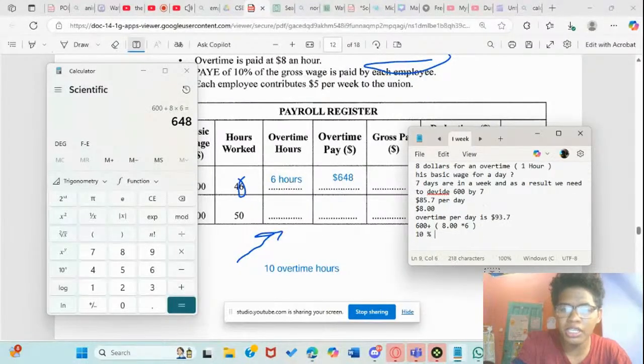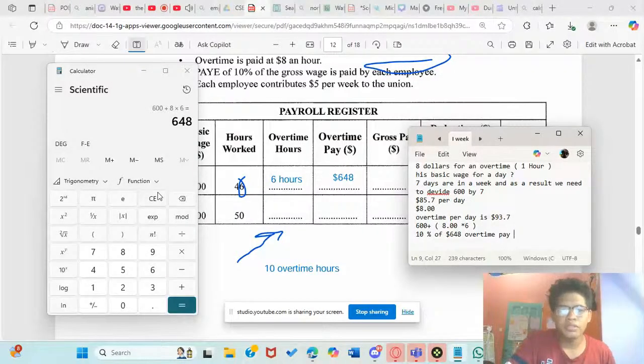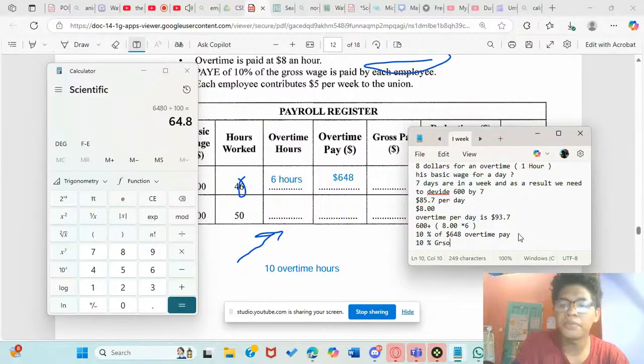The 10% of the 648 overtime. 10% would be 10 times the 648, equals that, divided, not subtracted, divided by the 100 initial value, and we would have 10% of gross pay.